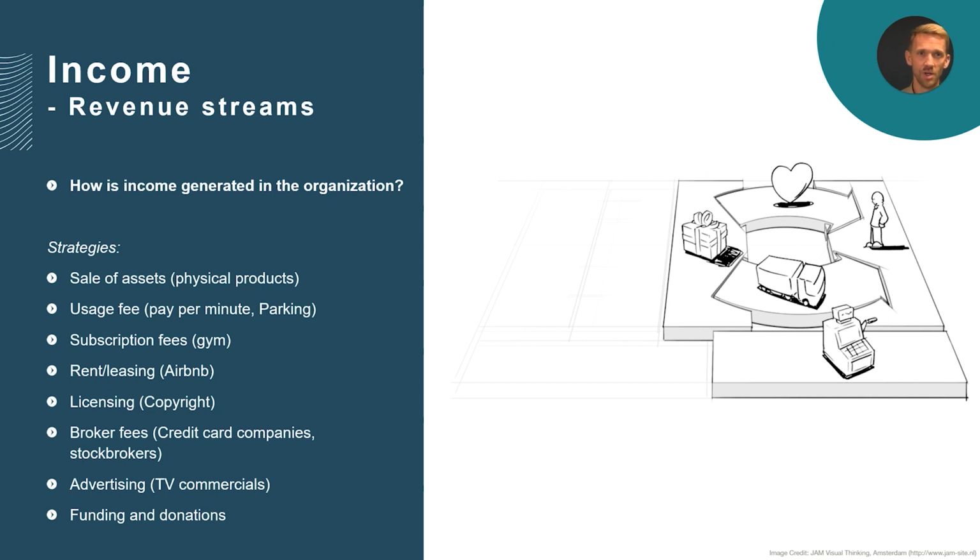Some of our income at the university would be from research projects that are funded from different places. So, I hope that makes sense. And this is the conclusion of the right side of the model, which is about the customer experience, the value creation, and all of this. And next we will look at the left side.